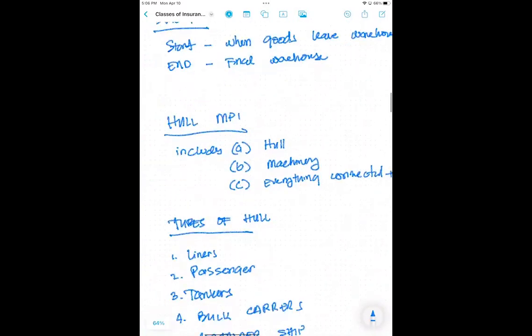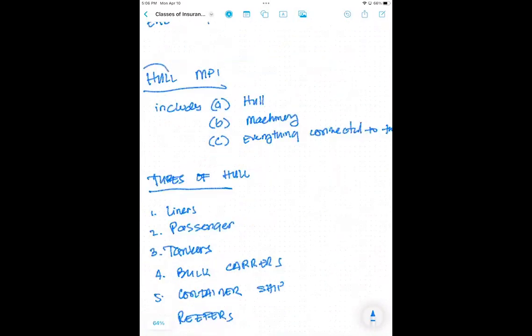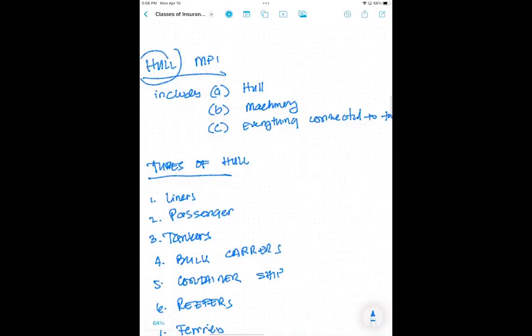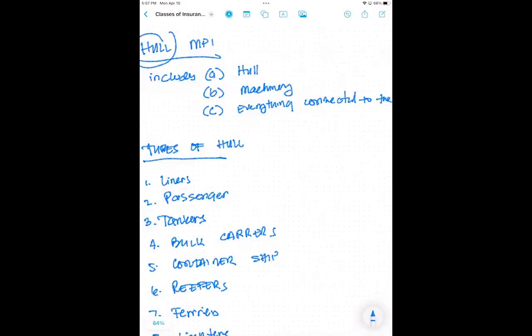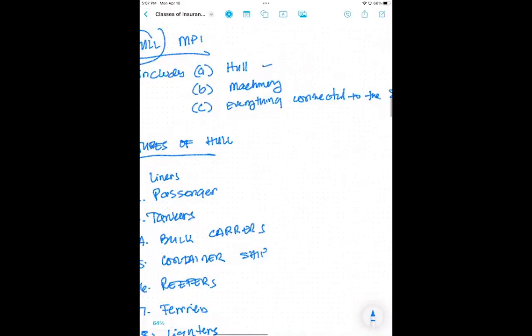Now as to the hull, important when we talk about insurance on the hull, we need to take note that the insurance will not only cover the vessel or the hull, it will also cover the machinery, as of course aircraft, vessels, and all this transportation equipment.